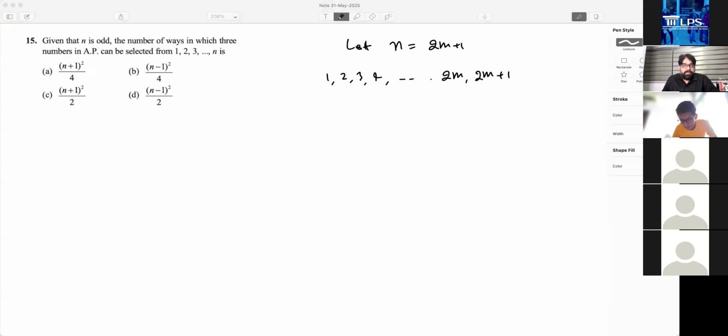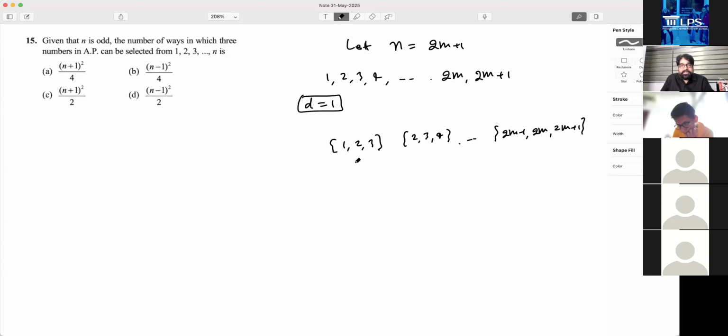If the common difference is 1, what possibilities can happen? So 1, 2, 3 is one triple, 2, 3, 4 another, 3, 4, 5 another, and so on, up to 2m minus 1, 2m, 2m plus 1. In every case, d, the common difference, is 1. So how many such triples can happen?